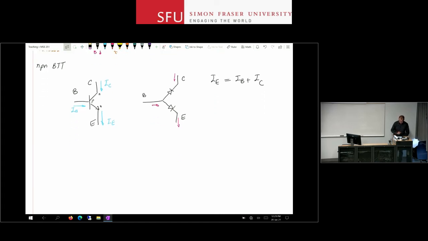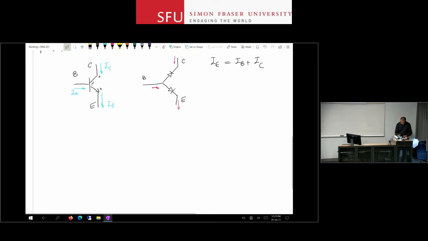Now, I have two diodes. I have four possible situations. Let's write them down. I have the BE diode, and I have the BC diode.